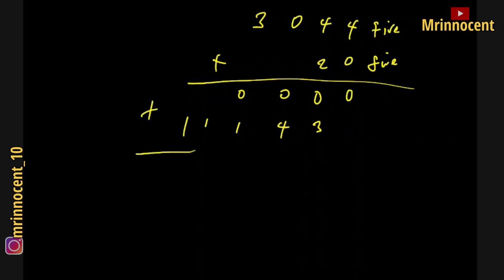You now add. Now 0 plus 0 is 0. 3 plus 0 is 3, and 3 in base 5 is 0, remainder 3. 0 plus 4 is 4. 4 in base 5 is 0, remainder 4. 0 plus 1 is 1, and 1 in base 5 is 0, remainder 1. 1 plus 0 is 1. 1 plus 0 is 1.